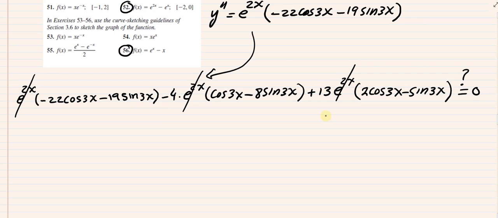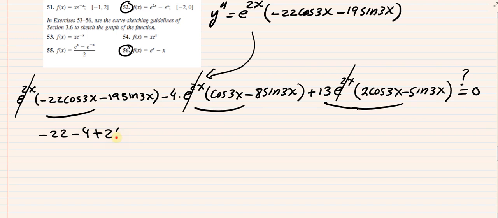So I'm just going to combine a bunch of sine and cosines, right? Now, let's see. I'm just going to look at cosines. Negative 22 cosine 3x, negative 4 cosine 3x, 13 times 2. So that's going to be negative 22, negative 4, plus 26. All of that, cosine 3x.